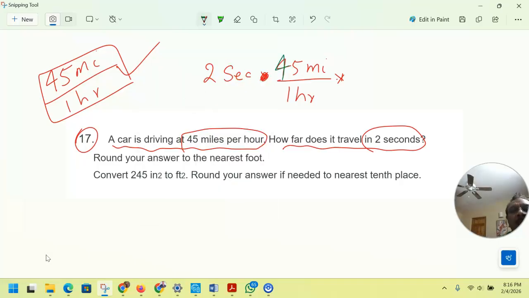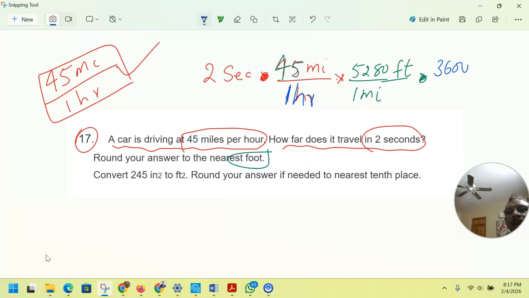This 45 miles we can convert first, because they want the answer to the nearest foot. So 1 mile converts to 5280 feet, correct? And then again you multiply by, let me use blue color, the 1 hour. Remember, 1 hour is 3,600 seconds.